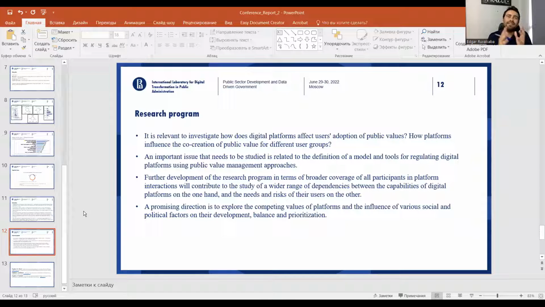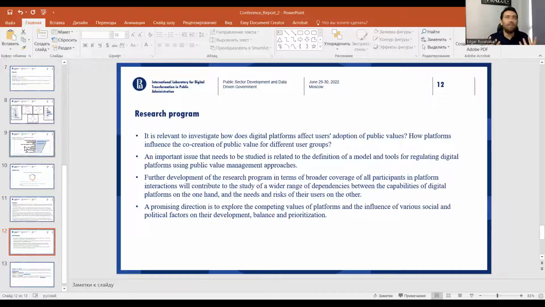diversity of things, good and bad, in respect to public value. Obviously this kind of platform is more effective, more efficient, and we can also say that it stimulates co-creation. But on the other hand, other aspects of public value are really important, such as trust and legitimizing the action.